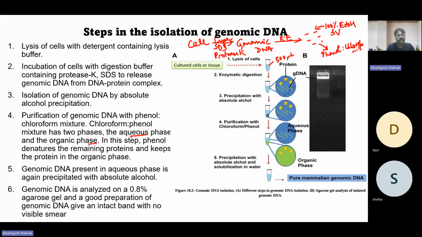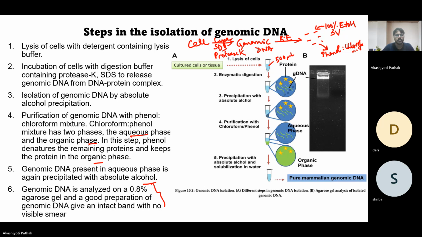The organic phase contains your protein, and your aqueous phase has the DNA. Even after protease K treatment, any remaining protein will get separated in the organic phase. And then the genomic DNA, which is present in the aqueous phase, is precipitated with absolute alcohol, and you analyze the genomic DNA by running a 0.8% agarose gel.